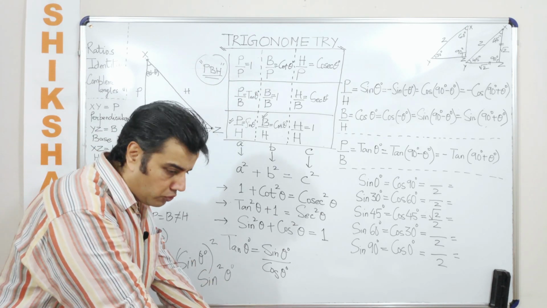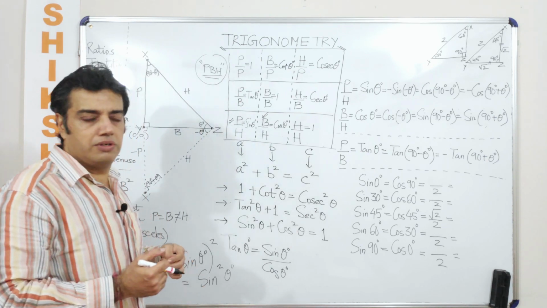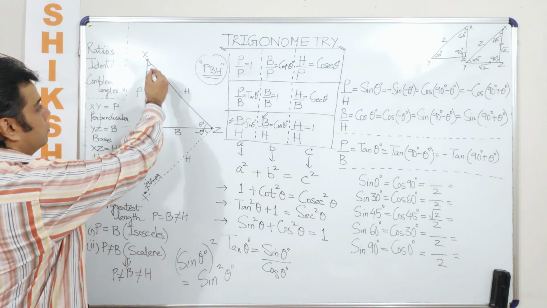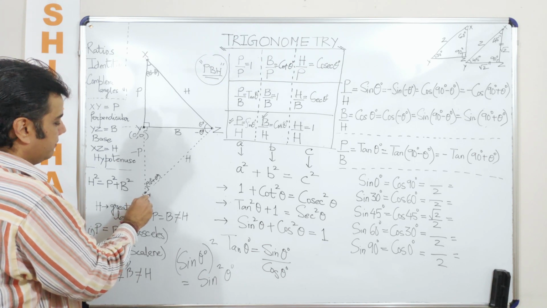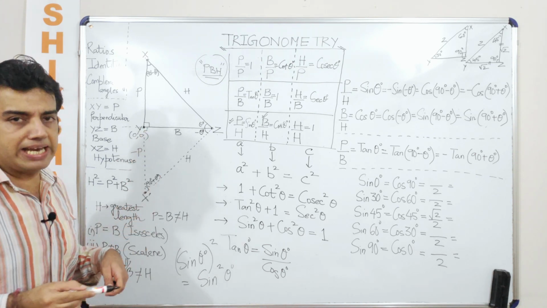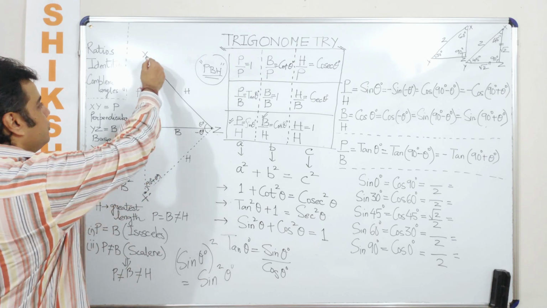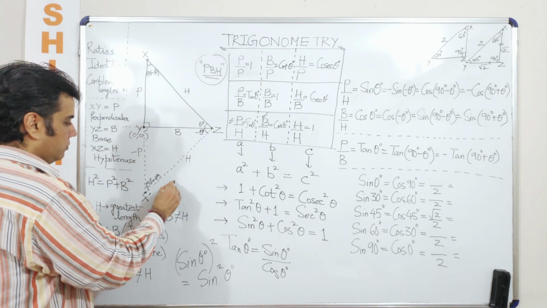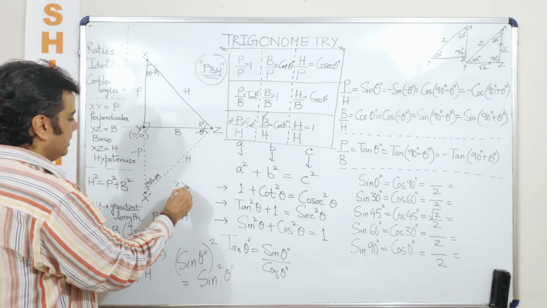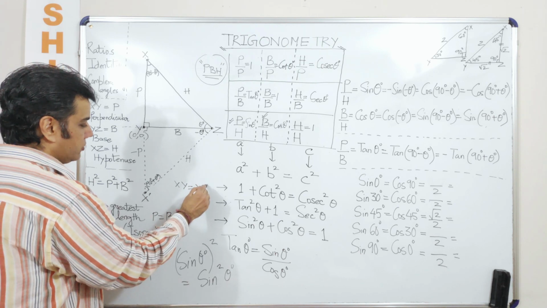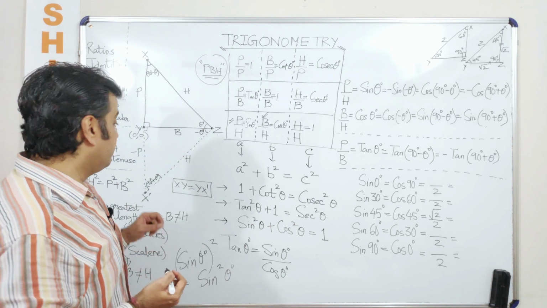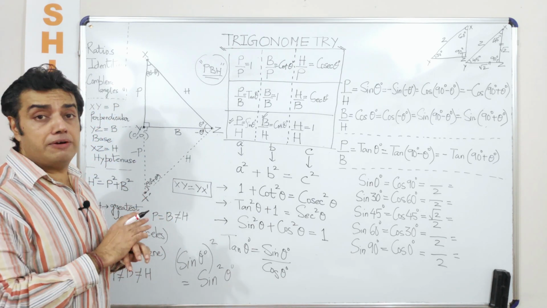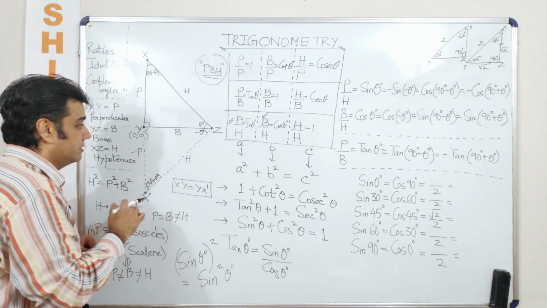The water image is, water is here, and I'm asking you to look down. So everything else remains the same except I have taken one more point here. Let's say this is X dash. We have assumed that the length of XY is the same as YX dash. And we'll make this really fun, if you are able to understand this.